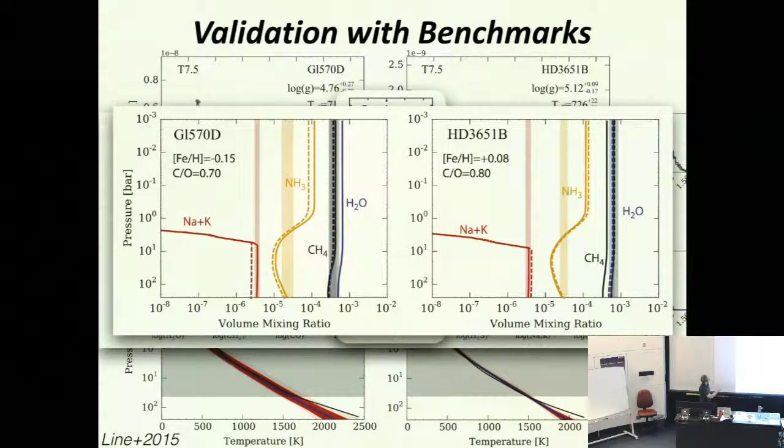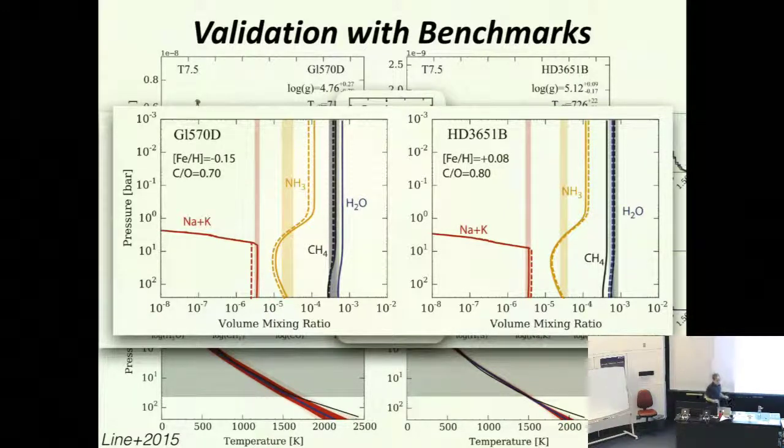The spaghetti here are the predictions for these different abundances along the temperature structure in the atmosphere, how the molecules would partition. You can compare that to our constraints, which are the gray bars, and it's reasonably good. We get the same correct ordering of water versus methane versus ammonia versus the alkali metals.